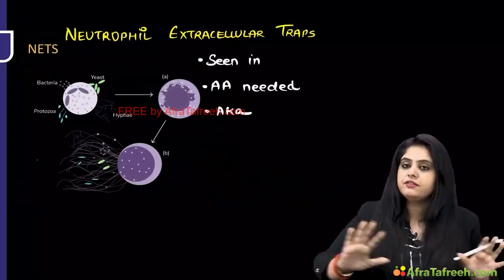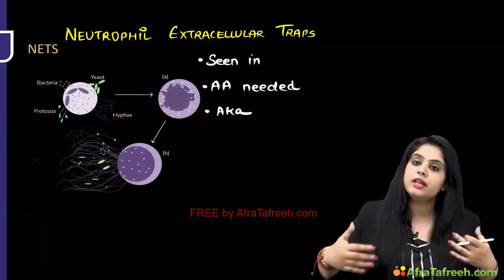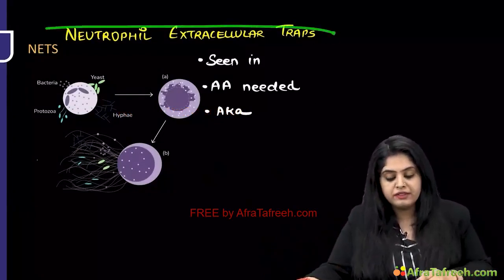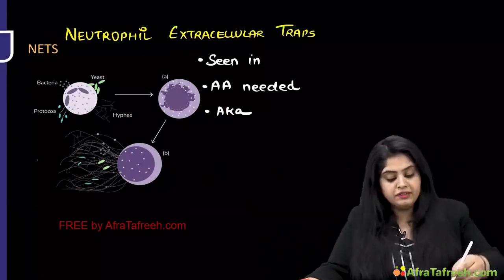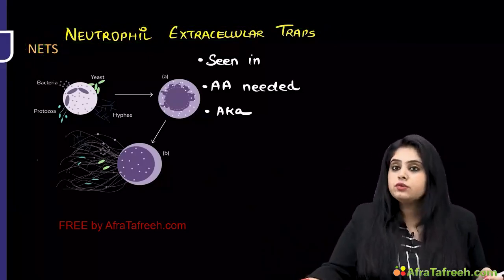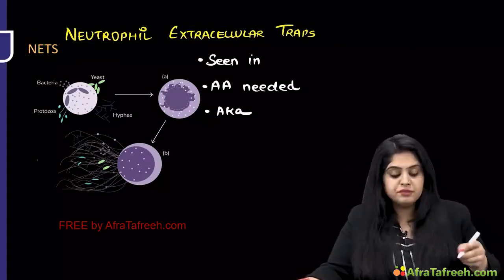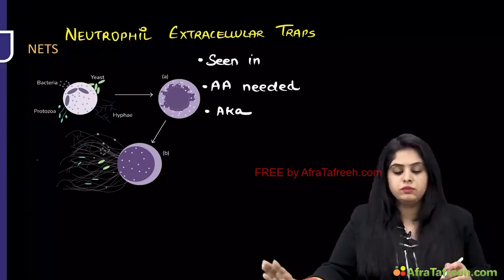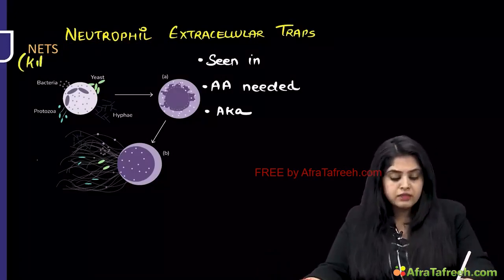That is different. NETs is different, phagocytosis is different, and that is what I want to tell you, the difference between these two. Please note that when we are talking about NETs, it is neutrophil extracellular traps. It means this is a kind of killing. When will you see it? You say, ma'am, I am confused. This is also killing.